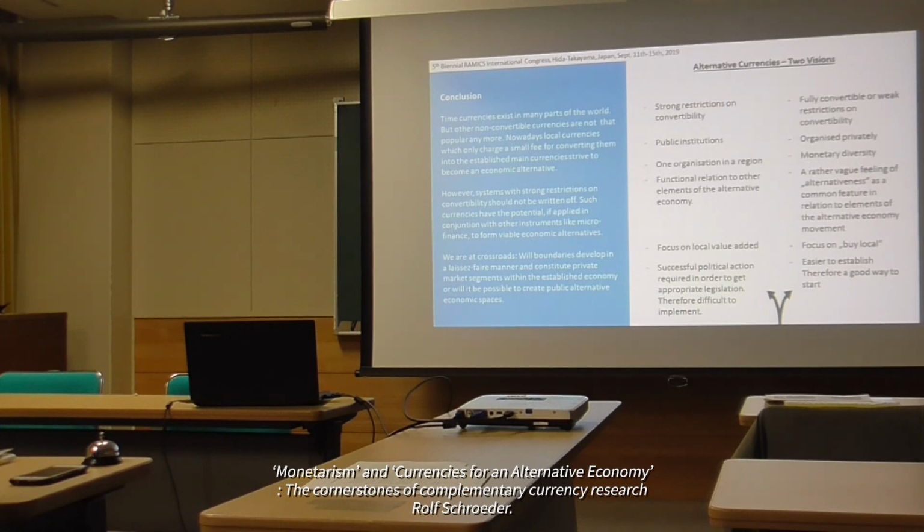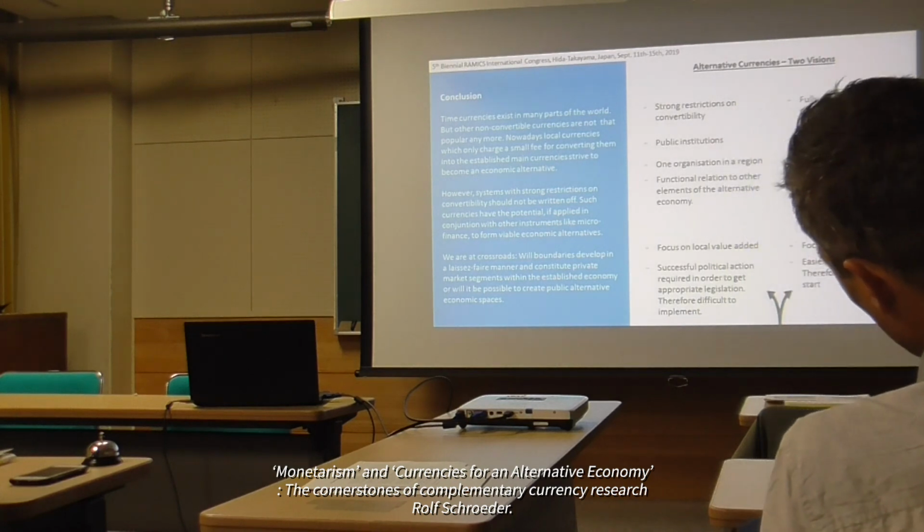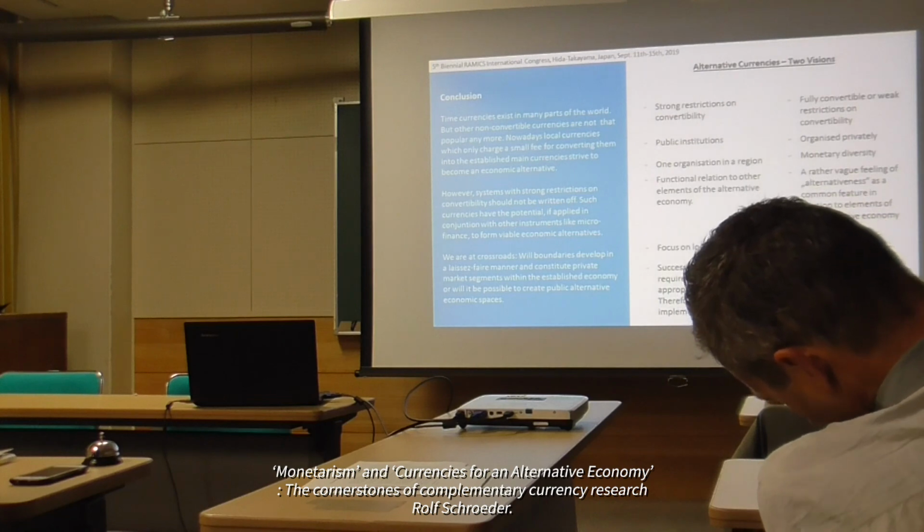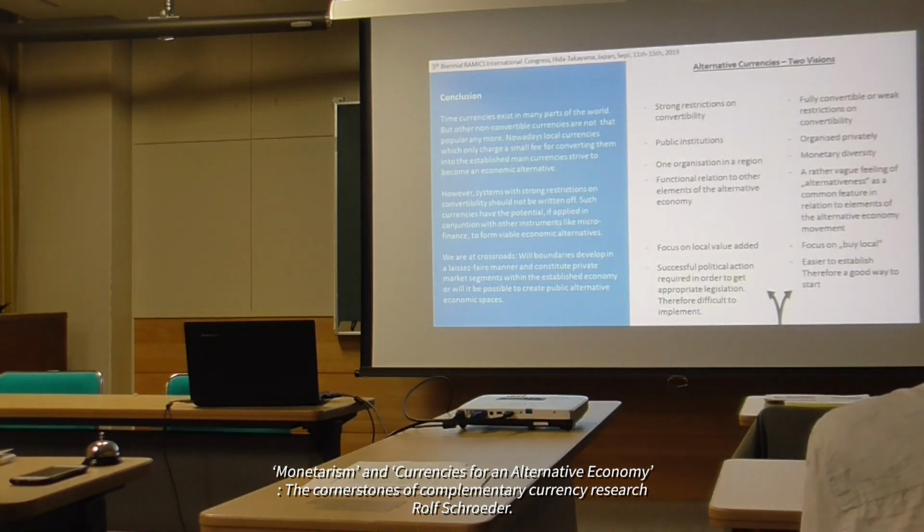But if the circulation is complementary, where the national currency and the complementary currency move together, they don't need the national currency's backup. It's important if you think of these privileges, you have to also check that these privileges are not misused. Therefore it would be necessary.